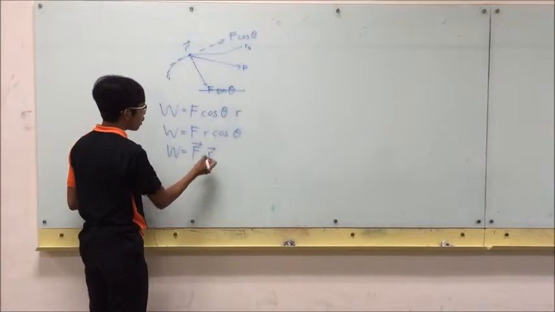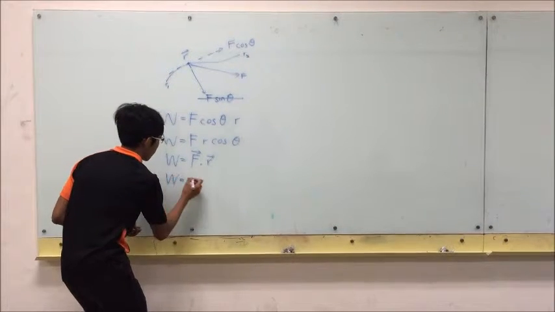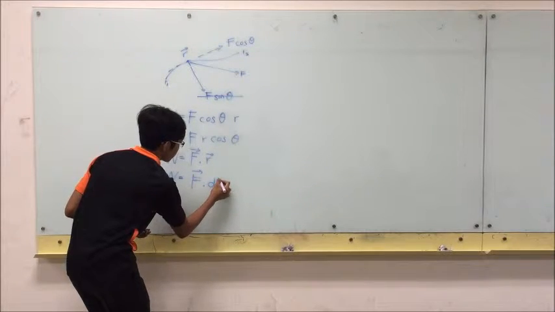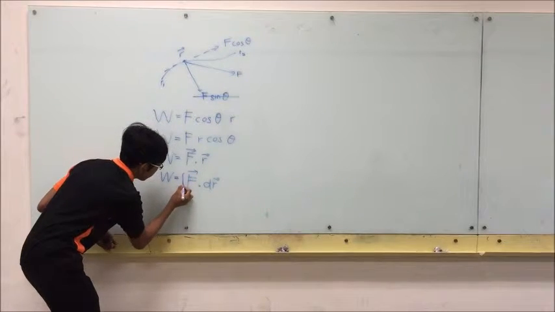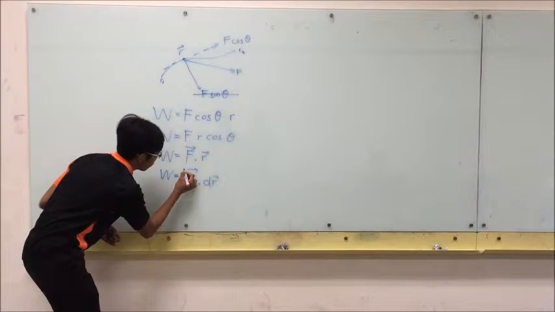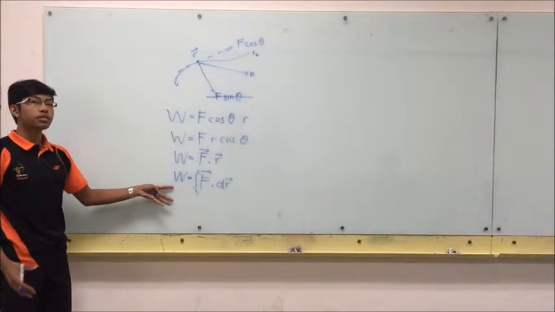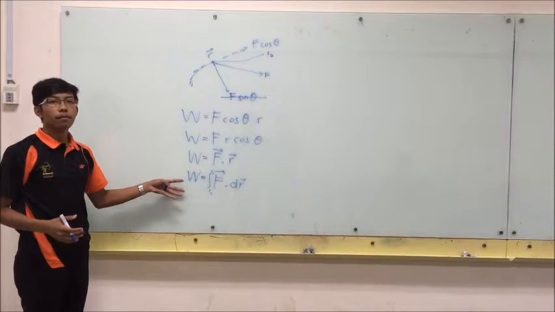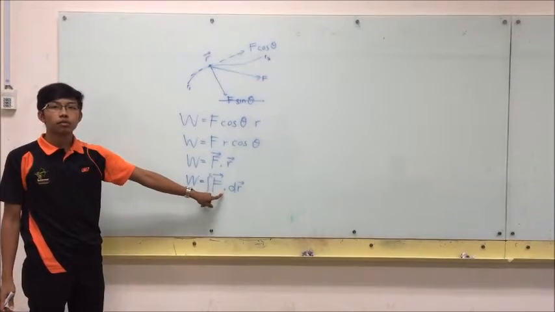Therefore, work will become the integral of F dot product with dr from r1 until r2. So this is the most accepted and most precise definition of work using dot product.